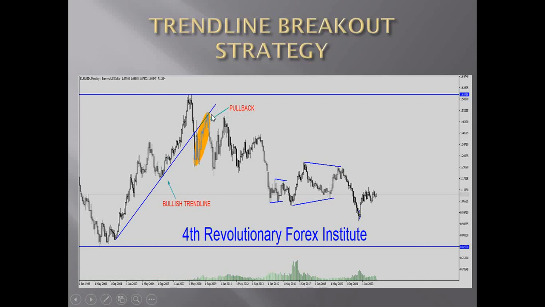And this correction pattern, traders, in terms of trendline strategy, we call a pullback. That is why we say a pullback strategy. The pullback means the correction, in simple terms. So firstly, there must be a trend line. It must be broken with a strong movement, and there must be a pullback or a correction.